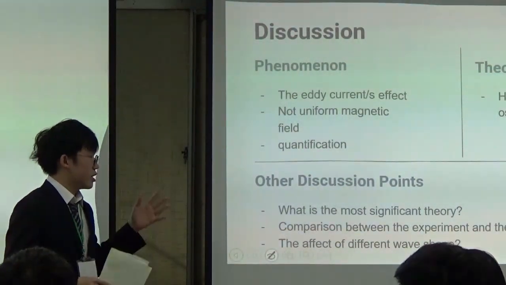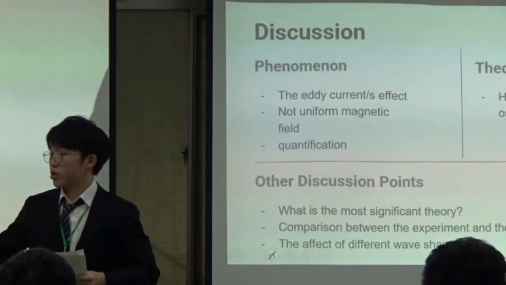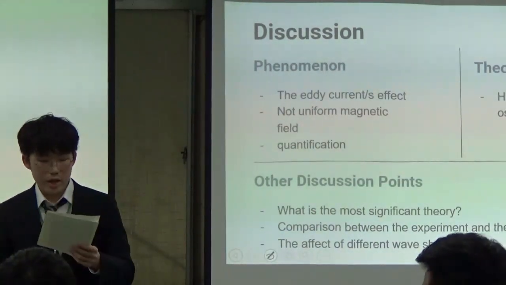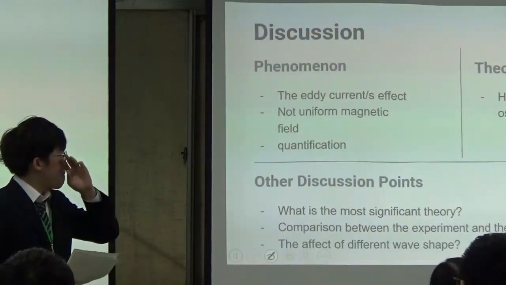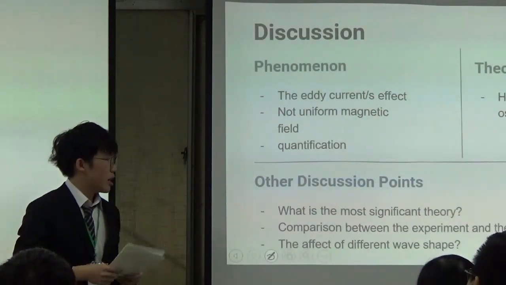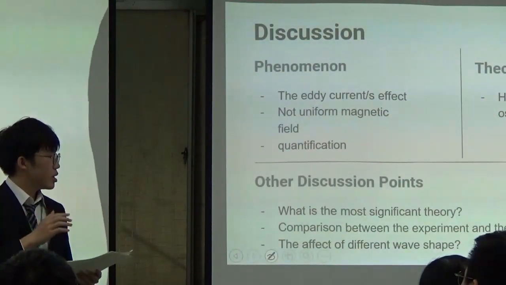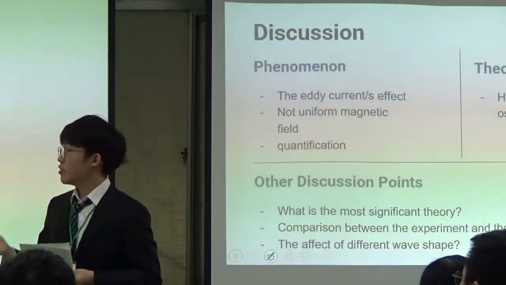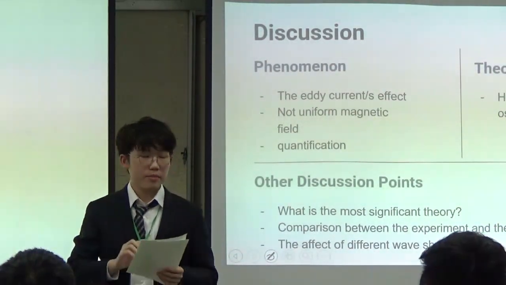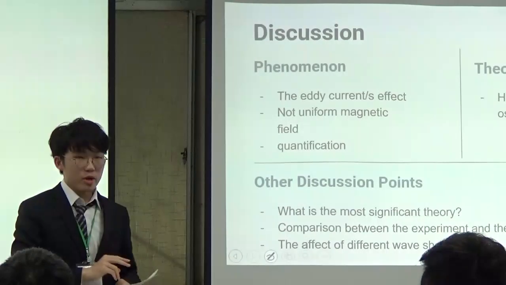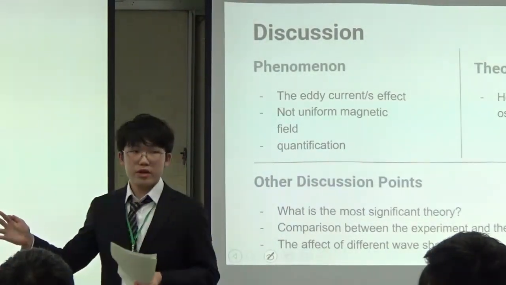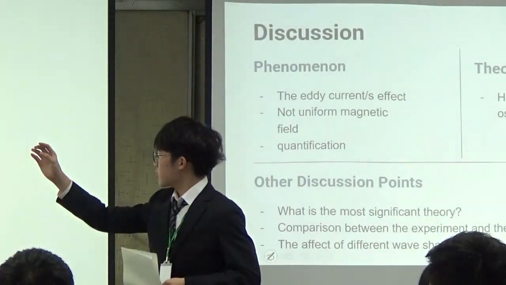And we also talked about how the current oscillates, and we compared the experiment and theory, but the reporter team did not compare the theory with their experiments, and the analysis of their... Okay, time's up.